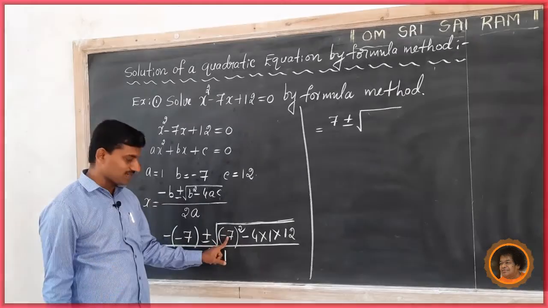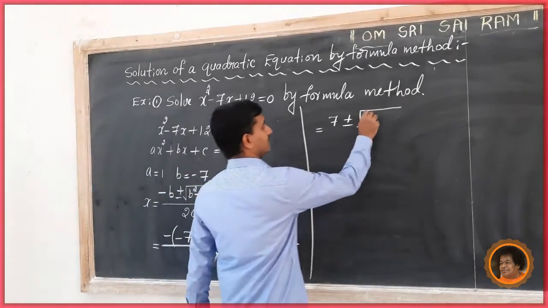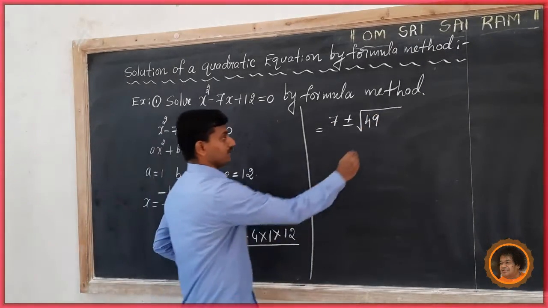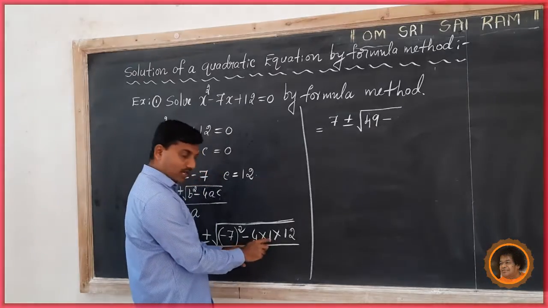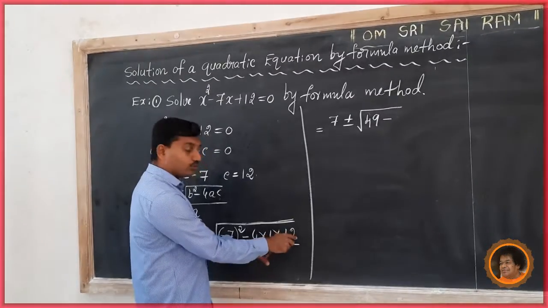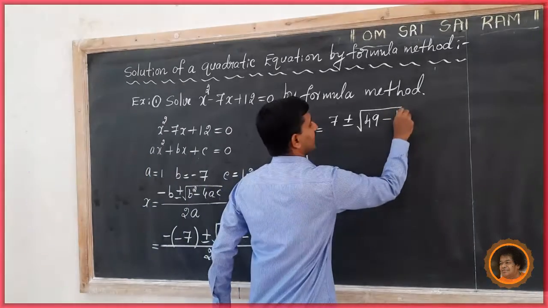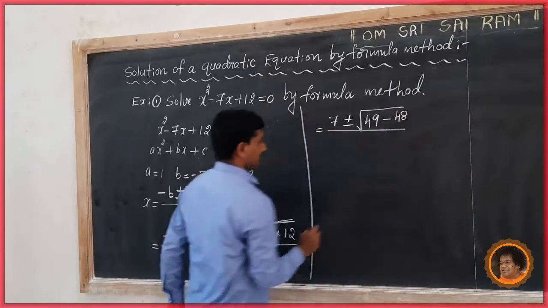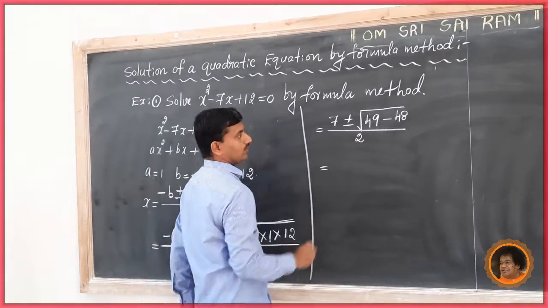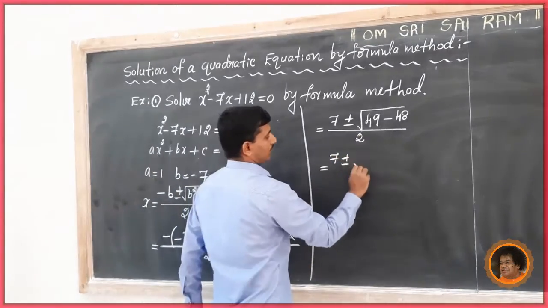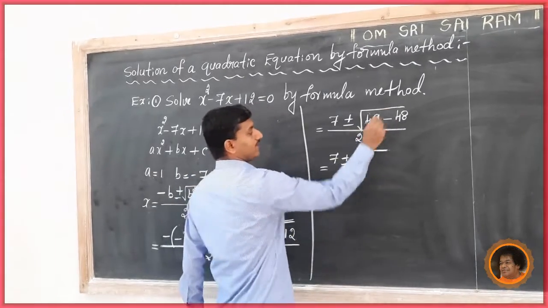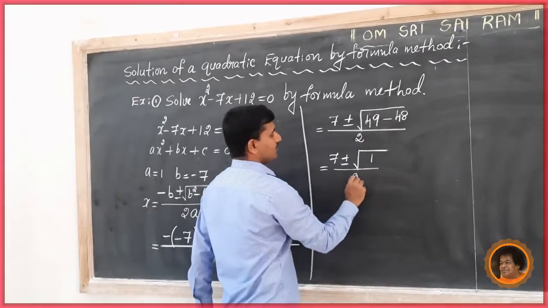Minus into minus is plus. 7 into 7, that is 49. Minus 4 into 1, 4 into 12, that is 48. Divided by 2 into 1, 2. Now simplify. So equal to 7 plus or minus square root of 49 minus 48, 49 minus 48 is 1, divided by 2.